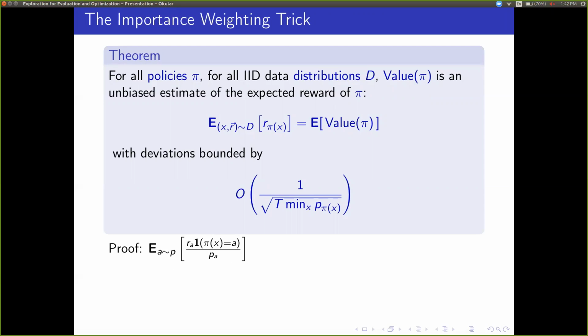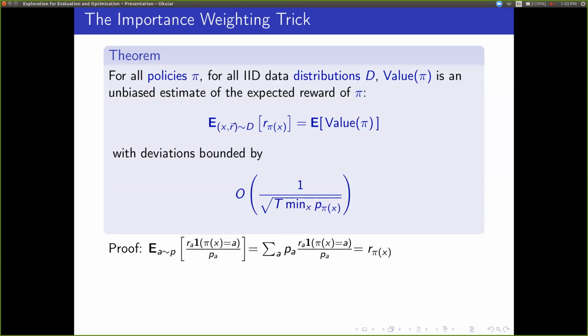And then you can say, oh, look, the expectation is really the sum of the probability times the thing inside. And then you can go, all right, the probability is going to cancel, which is why we had the probability on the bottom. And then the sum and the indicator function will cancel, which leaves you with just the reward of the policy's chosen action.